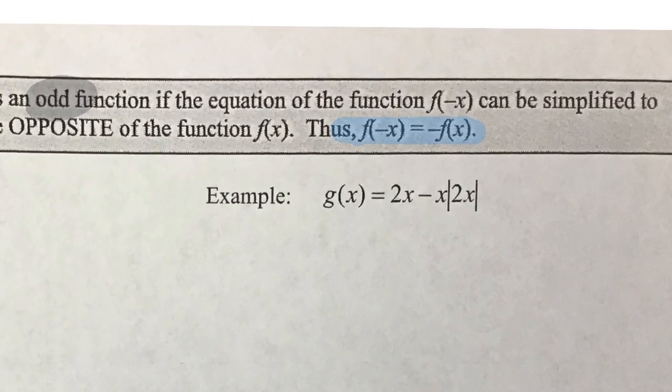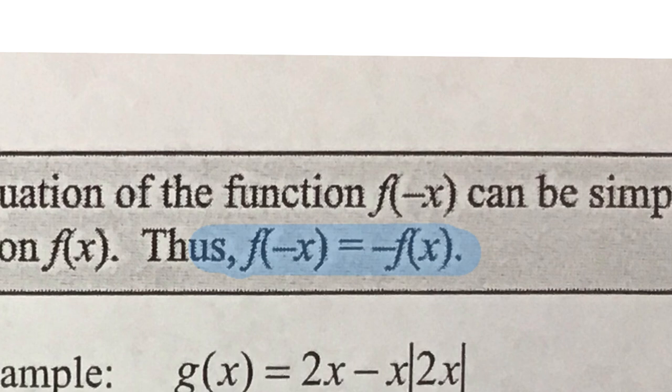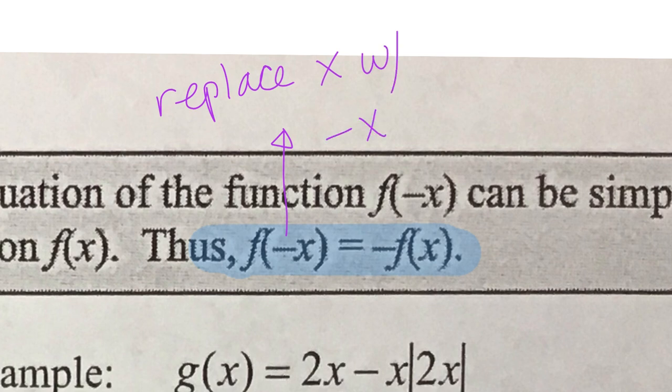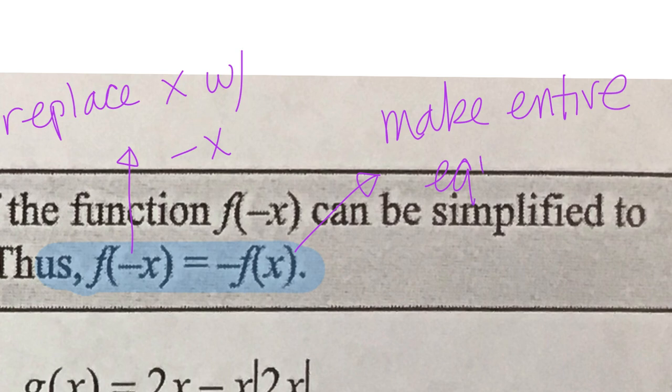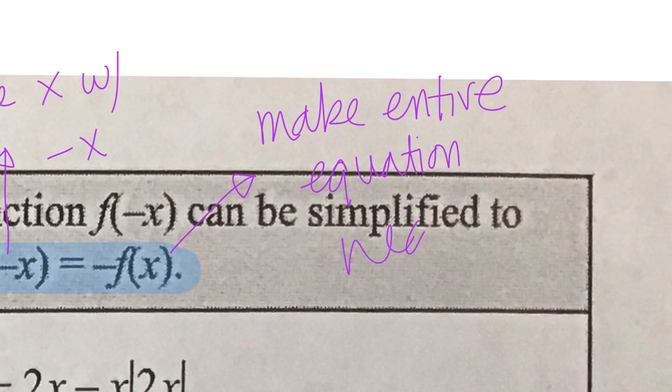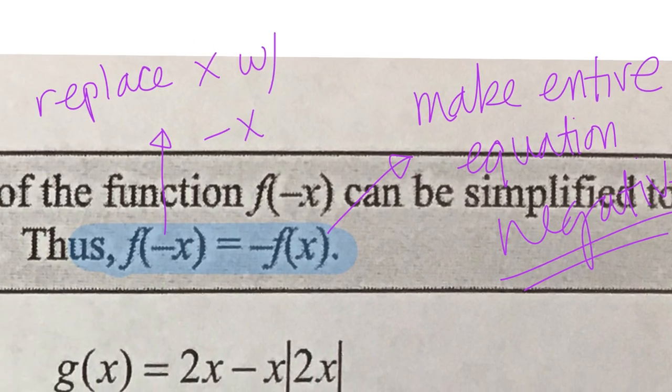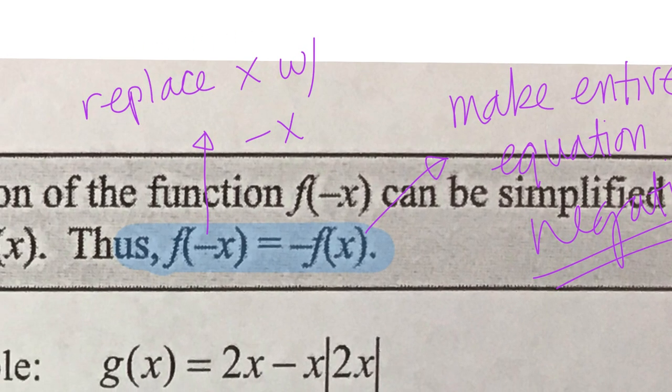Once again, we are comparing what happens when you replace x with negative x, just like we did a second ago, versus what happens when you make your entire equation negative. Those are the two things we're comparing to see if it's an odd function.